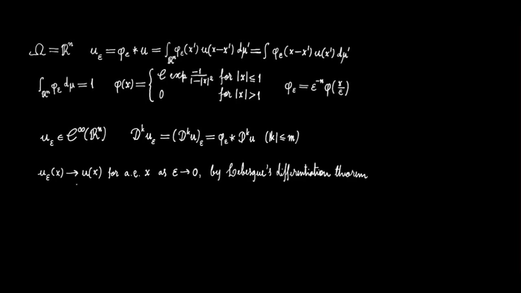Now that we have pointwise convergence almost everywhere, we may try to dominate u epsilon by a function integrable to order p, and then use Lebesgue's dominated convergence theorem to conclude that u epsilon converges to u in the LP norm as well.